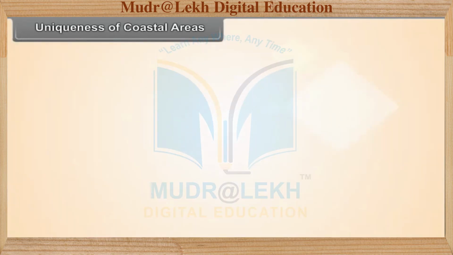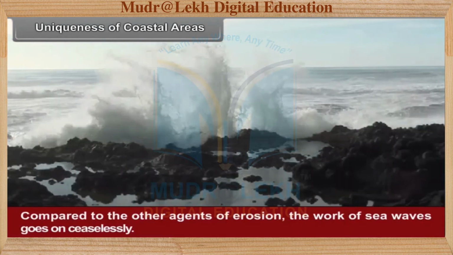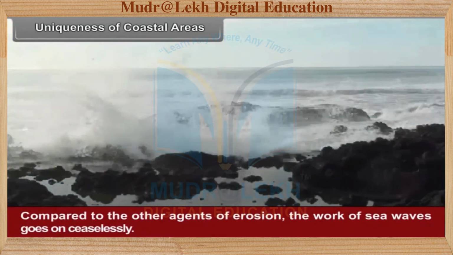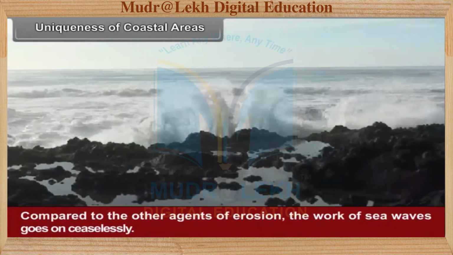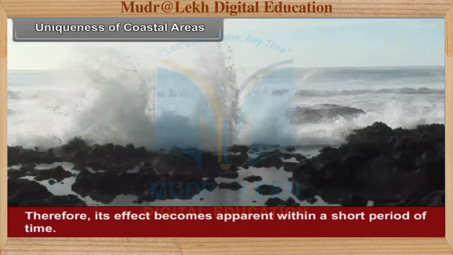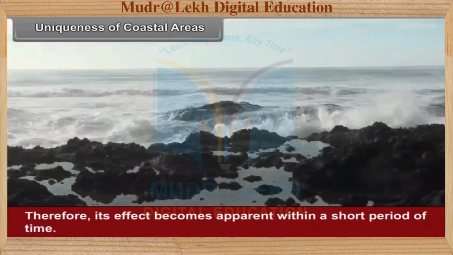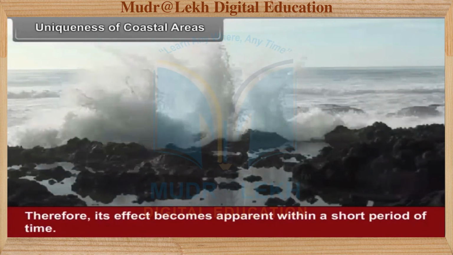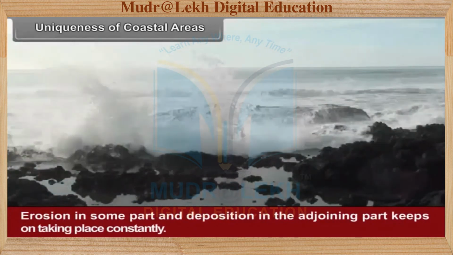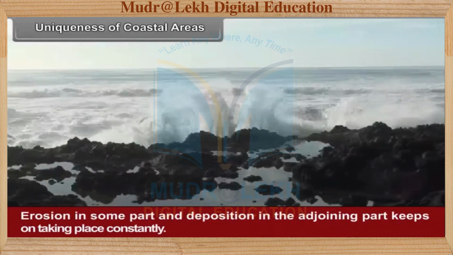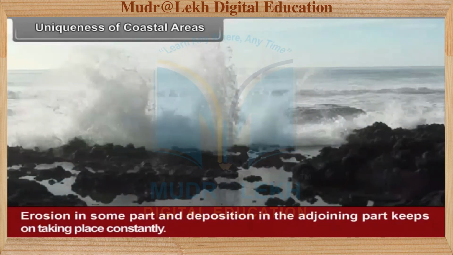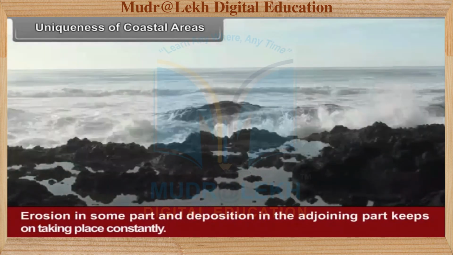Uniqueness of coastal areas. Compared to the other agents of erosion, the work of sea waves goes on ceaselessly. Therefore, its effect becomes apparent within a short period of time. Erosion in some part and deposition in adjoining part keeps on taking place constantly.